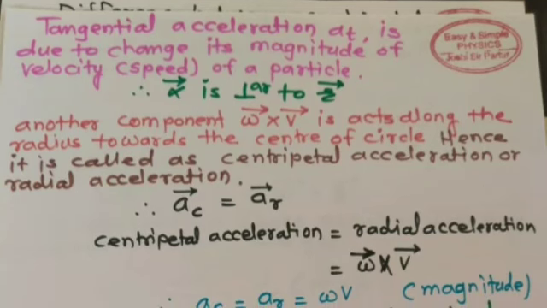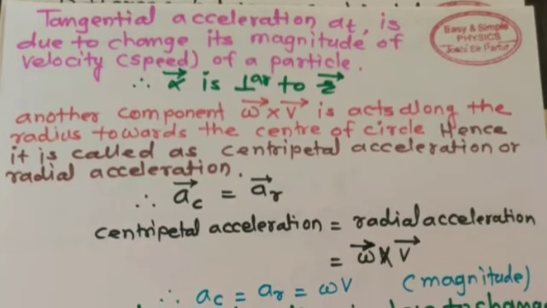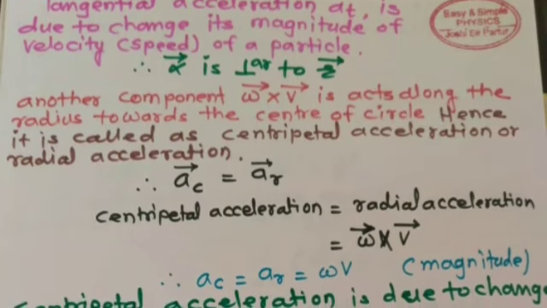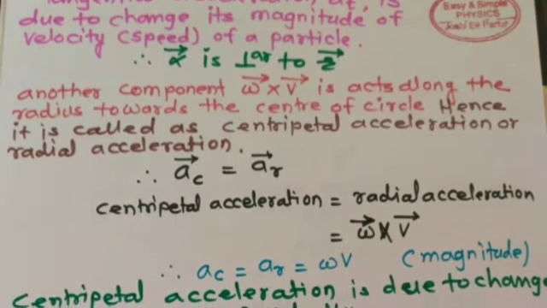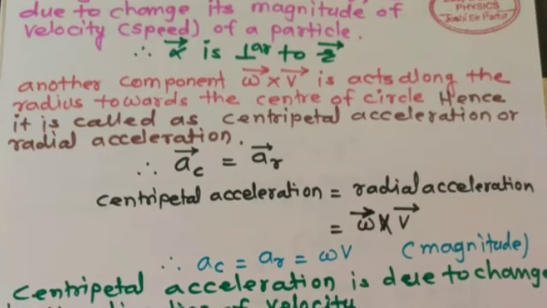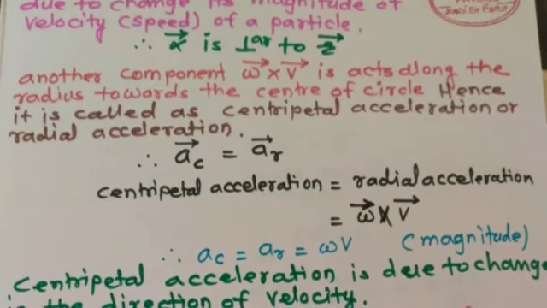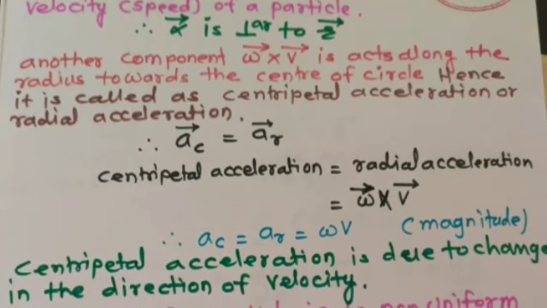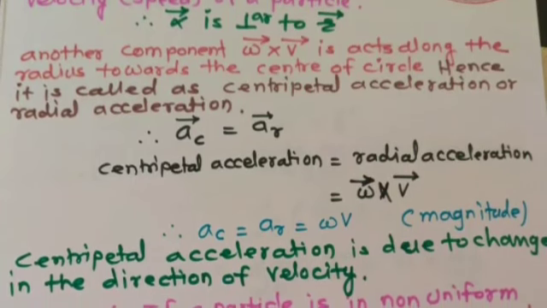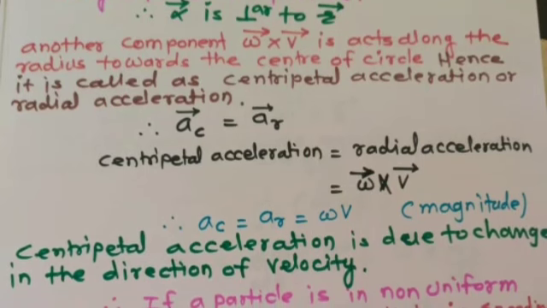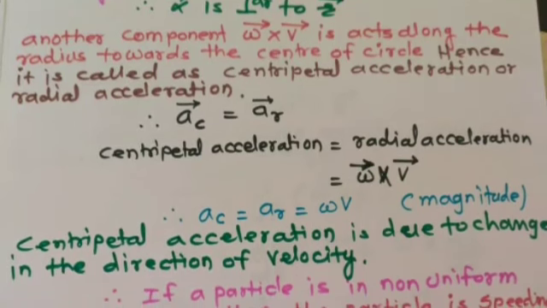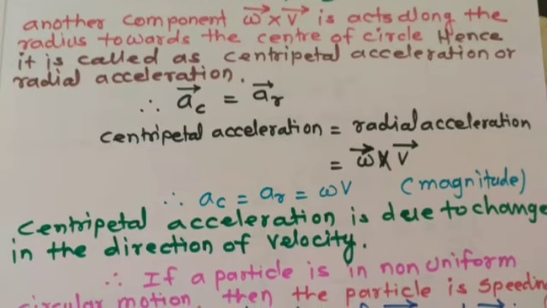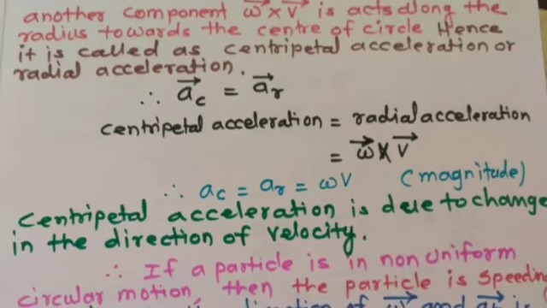Tangential acceleration a_t is due to change in magnitude of velocity of a particle. Therefore, vector alpha is perpendicular to vector r. Another component, vector omega cross vector v, acts along the radius towards the center of the circle.